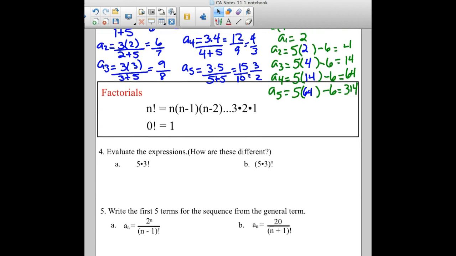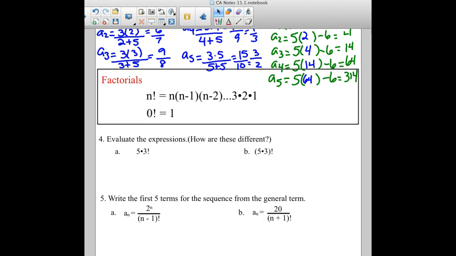Next learning objective we had was to understand factorial notation and use it in a sequence. So to review, n factorial is the product of n times all the numbers starting with n and going down 1 each time until you get to a 1.